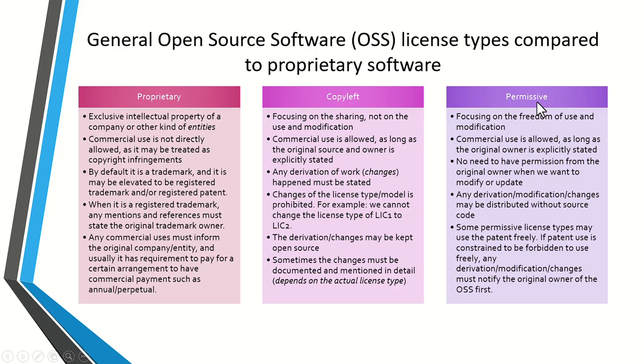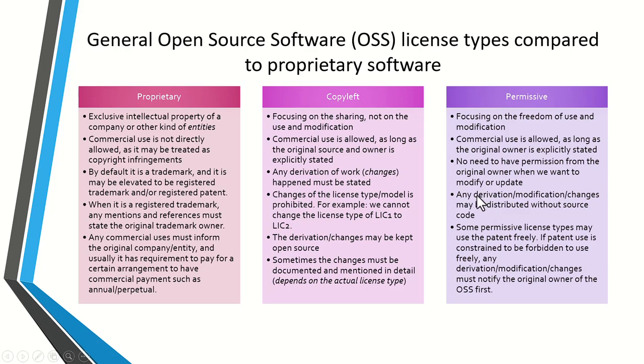And permissive is the one with the most freedom, focusing on freedom of use and modification. Commercial use is allowed as long as the original owner is explicitly stated, and there is no need to have permission from the original owner when we want to modify or update. I mentioned copyleft also doesn't require permission, but then you have to open your code. You have to make your code open source.